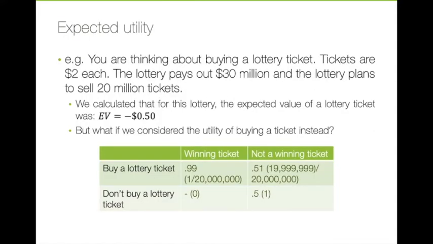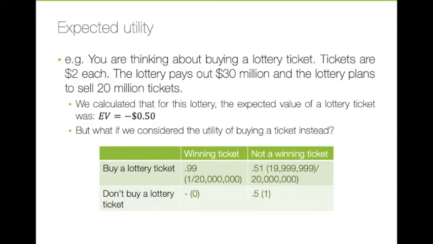So let's look at our lottery example again and show that when we assign utilities to the outcomes, we can show that it can in fact be rational for someone to buy a lottery ticket, even if they expect to lose money every time they buy a ticket. So just to repeat the stakes, you're thinking about buying a lottery ticket. Tickets were $2 each.